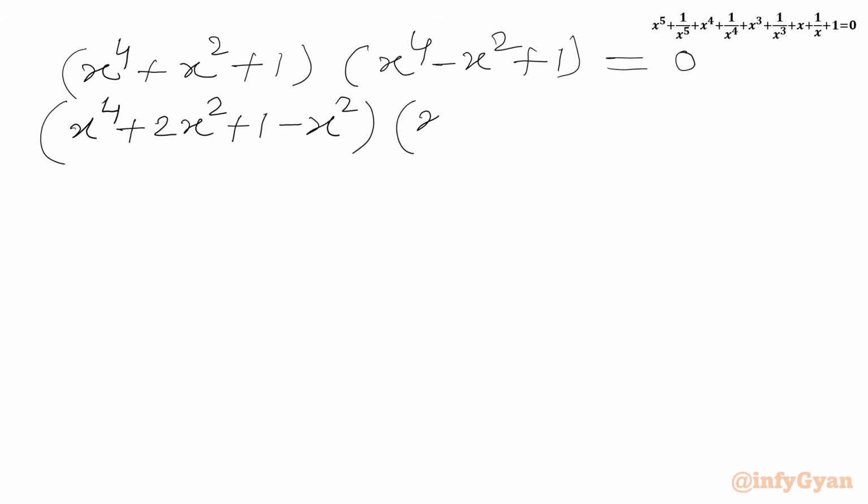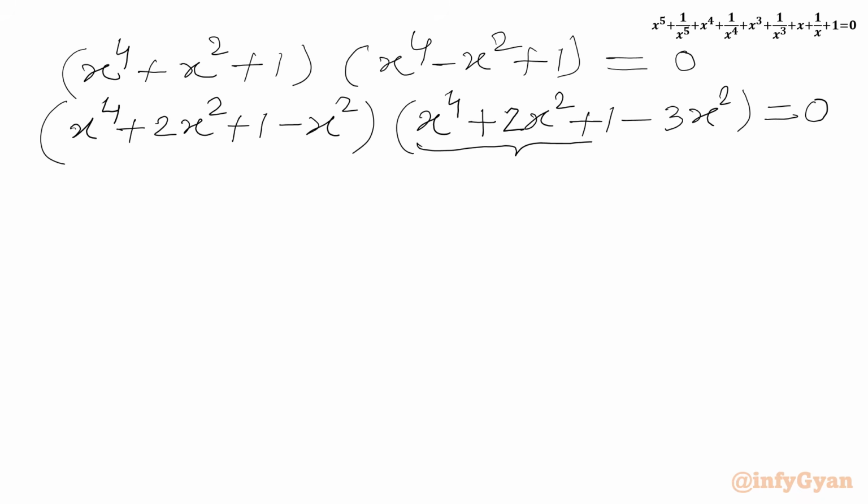Similarly, here we will be writing x power 4 minus x square. We will write here minus 2x square minus 3x square. So it would be plus 2x square minus 3x square. So I will write plus 1. Then we need to write minus 3x square equal to 0.